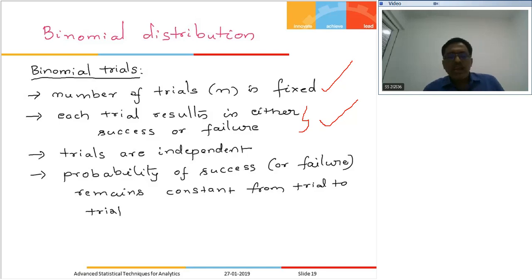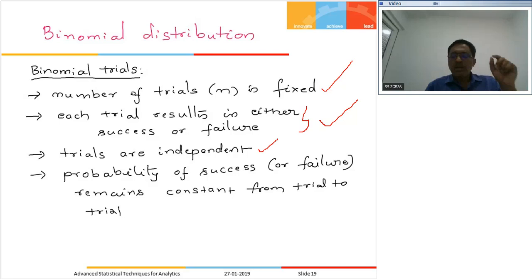Every trial must result in either a success or a failure. Next, trials are independent. This is another important point. The probability of getting head in the second instance does not depend on the first instance. Therefore, the trials are independent. Next, the probability of success or failure remains constant. Suppose the probability of getting head in the first instance is 1 by 2; in the 10th instance also the probability is 1 by 2.